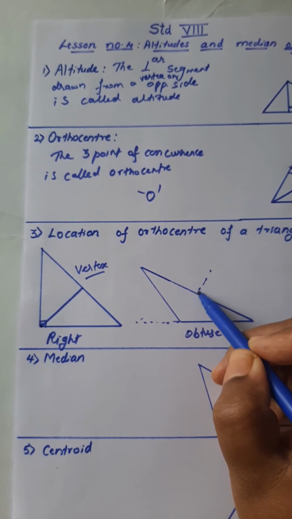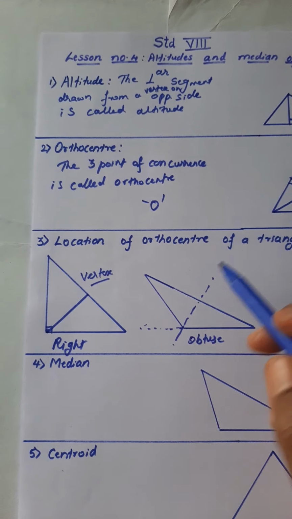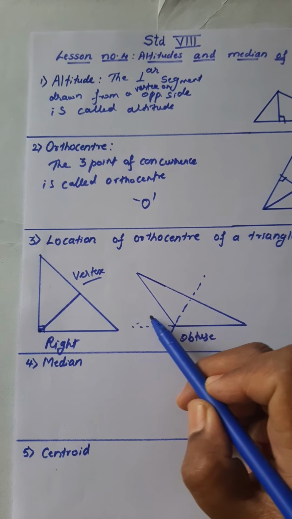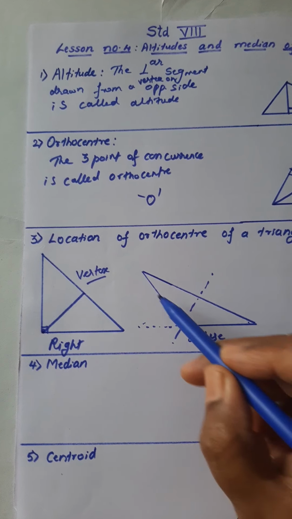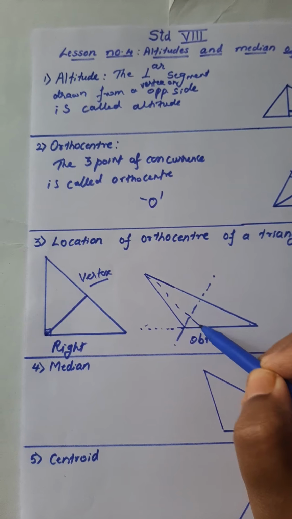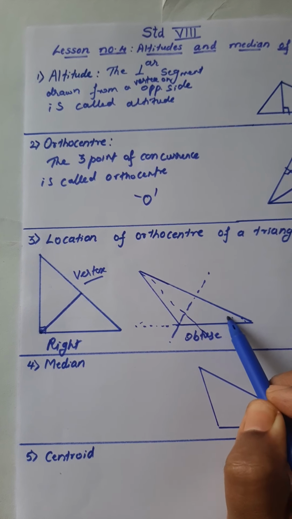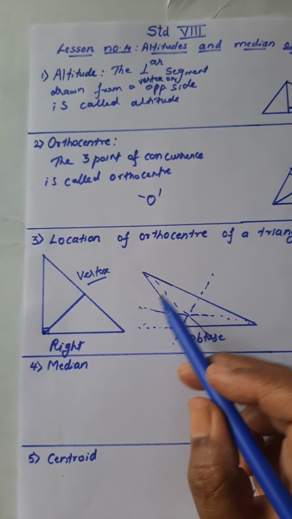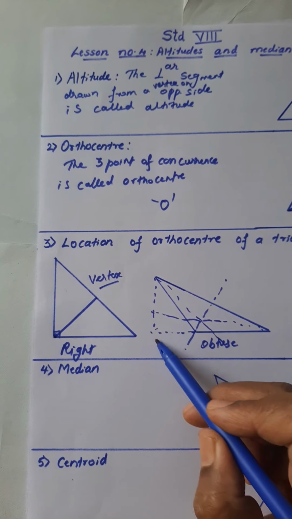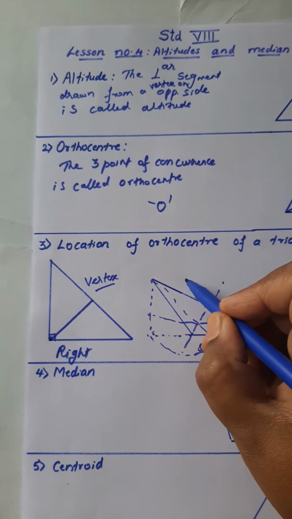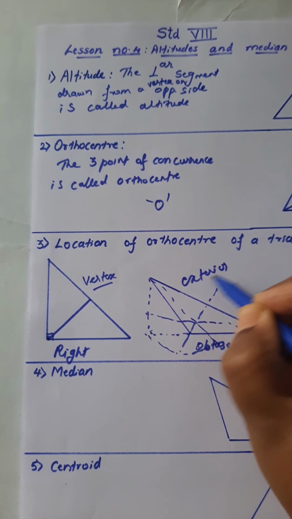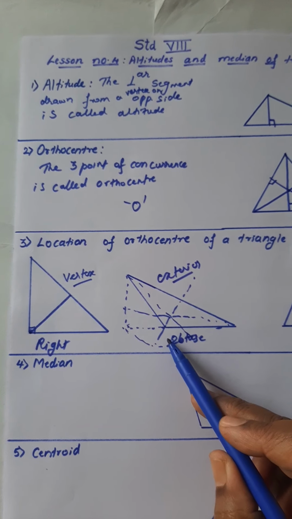If we draw a perpendicular or altitude, then you will see here that the point of concurrence will go exterior of the triangle. If I draw roughly a 3D figure, you will see the point of concurrence will be exterior, for the obtuse angle triangle.